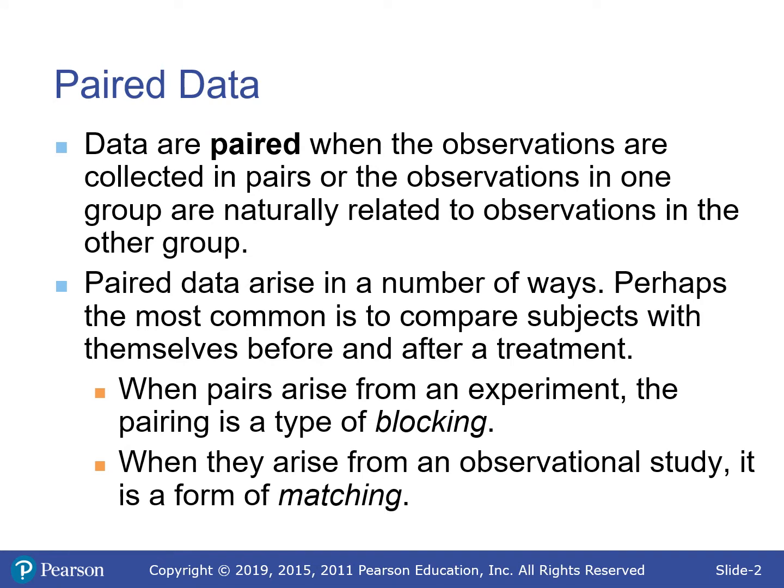So with paired data, that's paired when the observations are collected in pairs, or they can be grouped. It happens in a bunch of ways. Most common is to compare subjects with themselves before and after a treatment. So for example, if I gave you a pre-test and then we did the chapter and I gave you a post-test, that would be paired data because it's not independent.